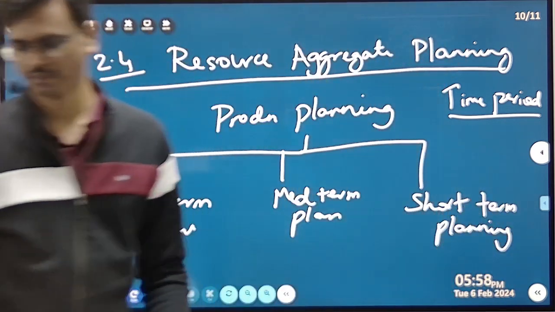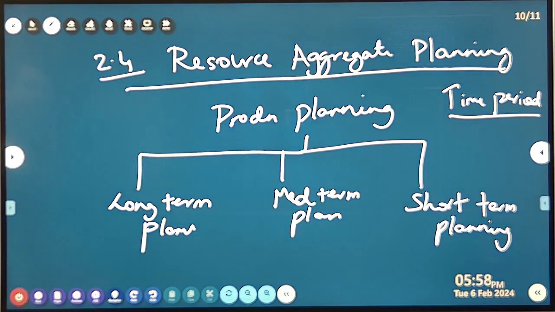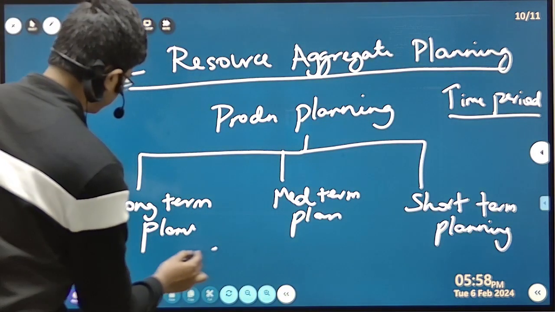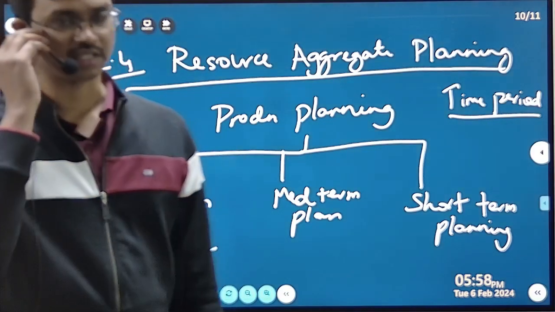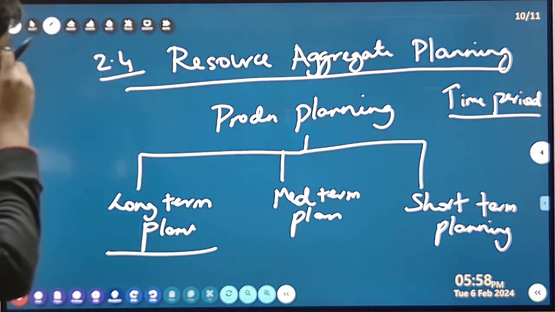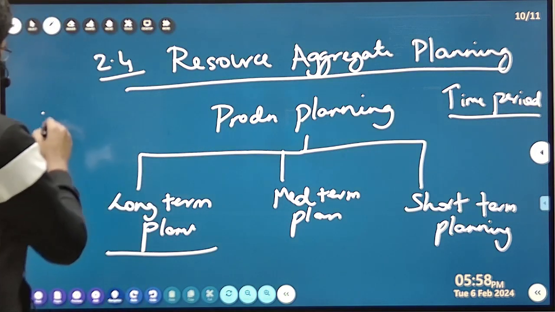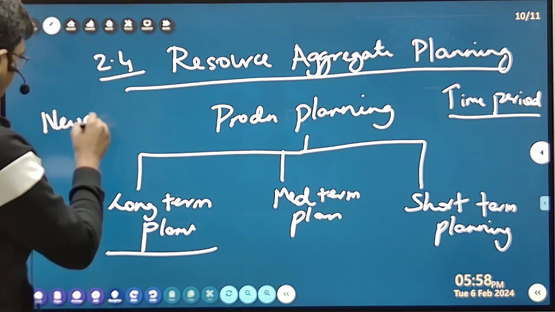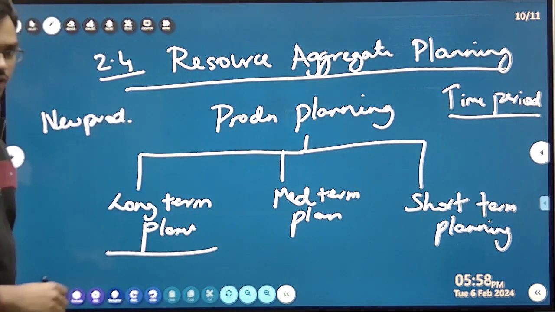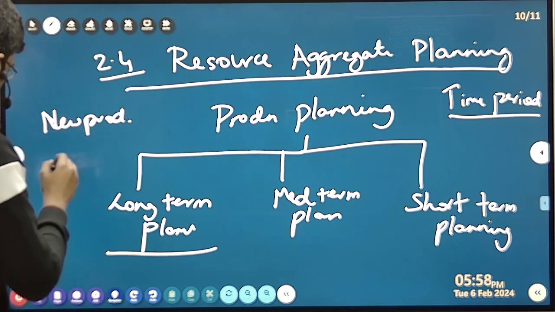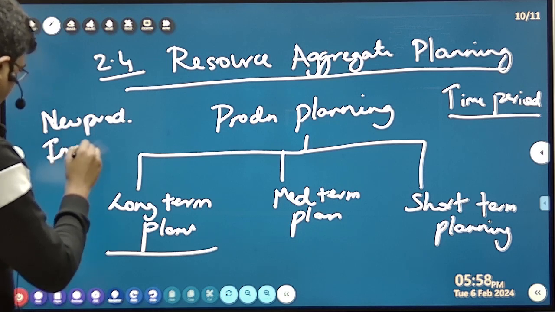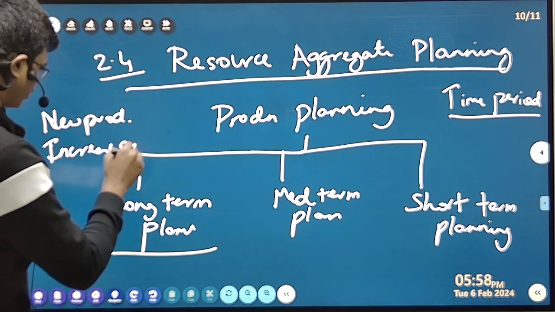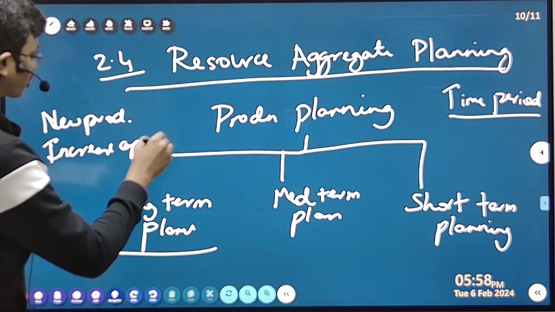So what is long-term planning? In long-term planning, what will we analyze? Long-term planning is done for decisions like what new products we should launch, and how we should increase the capacity of the facility or the factory. So long-term capacity decisions.